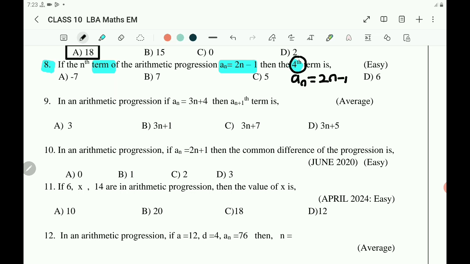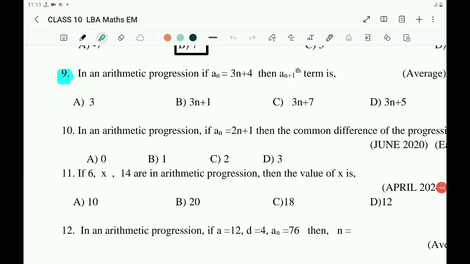In the place of n you write 4. Here a4 we have to write. That is 2 into 4 minus 1 equals 2 fours are 8, minus 1. 8 minus 1 is 7. So what is the answer here? Option B is 7. Option B is the answer.